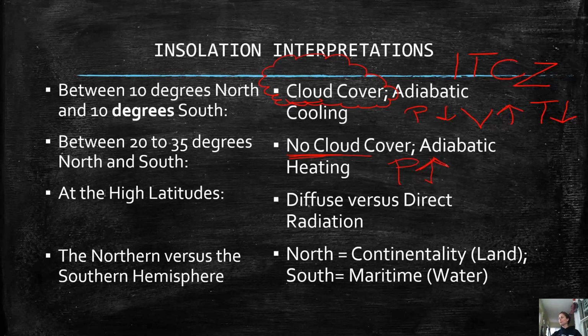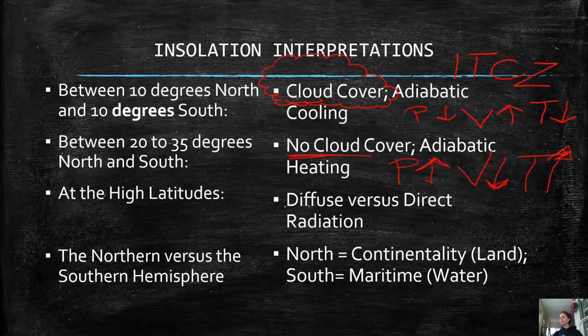As pressures increase closer to the Earth's surface, that allows volumes to decrease. So we see that air is compressing. And hence, with no exchange of energy with its surroundings, that causes that sinking air parcel to heat up adiabatically. Adiabatic heating is creating the sinking air, which creates no cloud cover and allows the sun to reach the Earth's surface all year long.